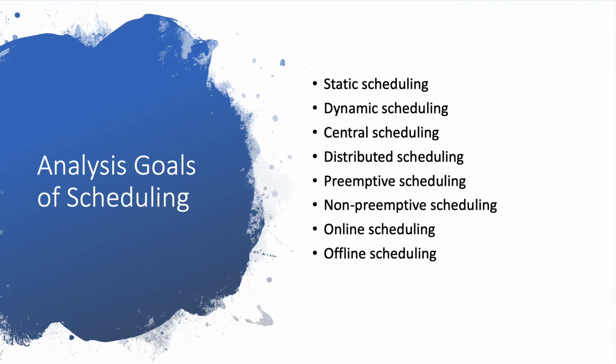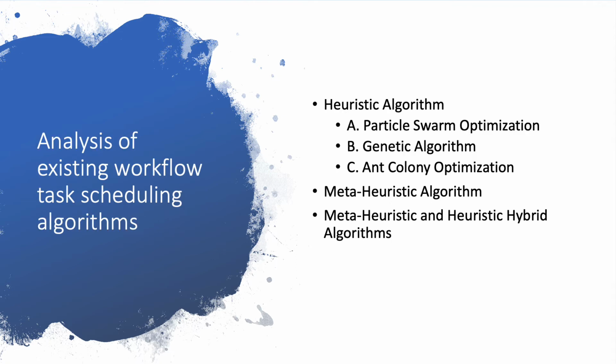Offline scheduling. When the workflow task arrives, it will not be matched with the resource service first. Instead, the workflow task will be stored and pre-scheduled, and then it will be matched to the resource service based on the pre-scheduled time. Next, I analyze the existing workflow task scheduling algorithms.